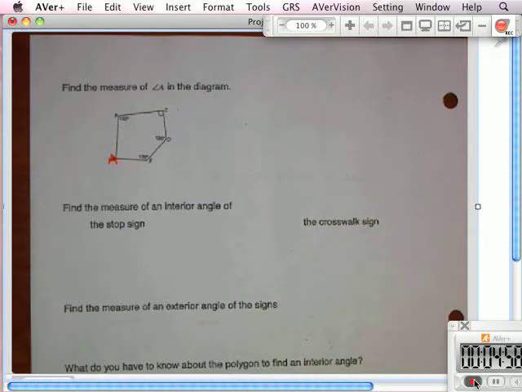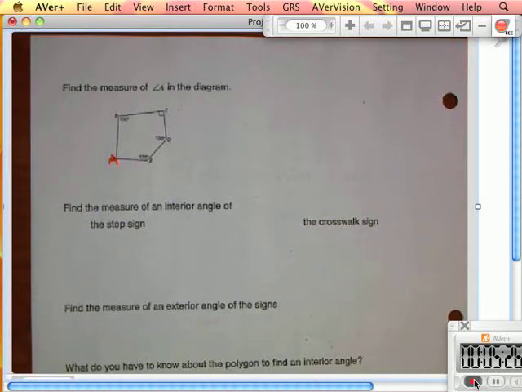We're talking about the angles, so I should find the... But what were we just doing on the other side? What did we just do? The sum of the what? Yeah, I need to know what all these angles add up to so I can find my unknown angle, correct? I need to know what they all add up to.